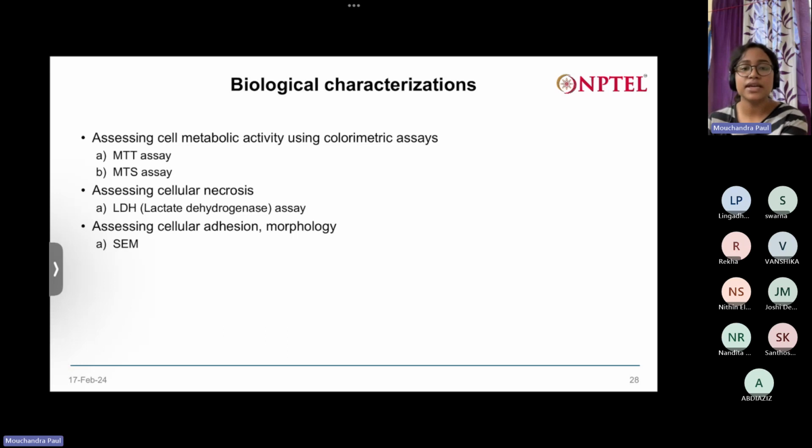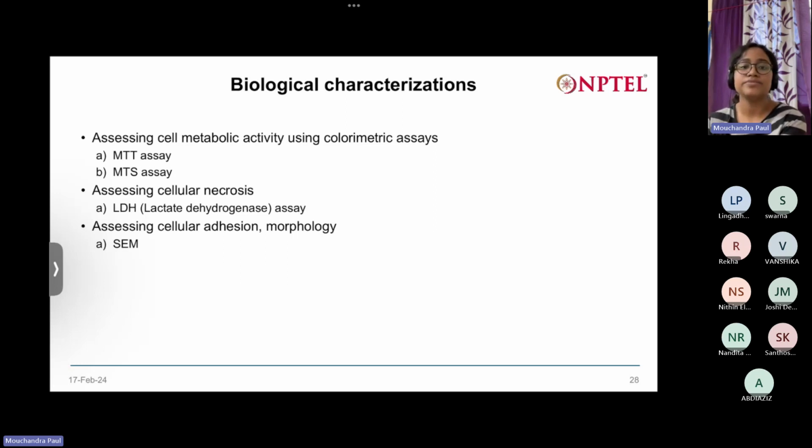Now, how do we assess that? We assess it by using an enzyme called lactate dehydrogenase. This enzyme is present in all the cells, but when the cell is necrotic, or when the cell membrane is compromised, like in cell apoptosis, this enzyme comes out.